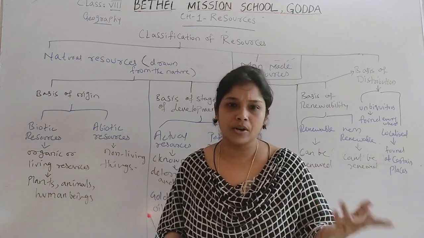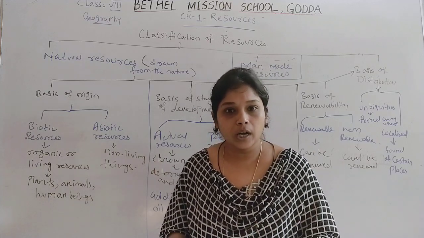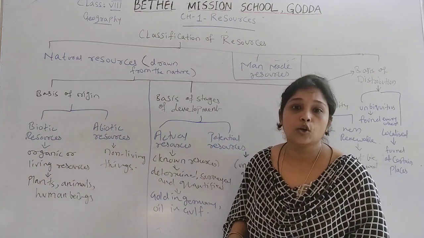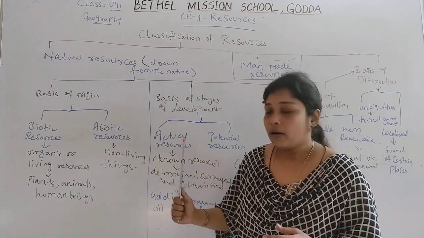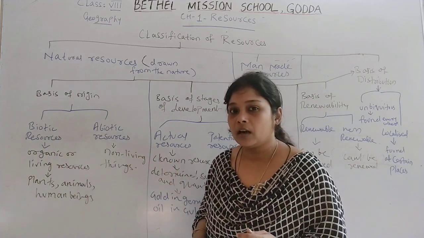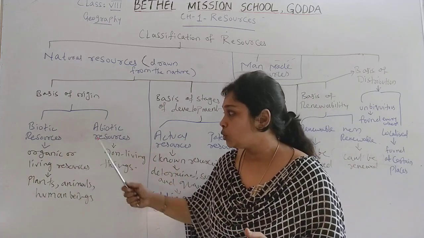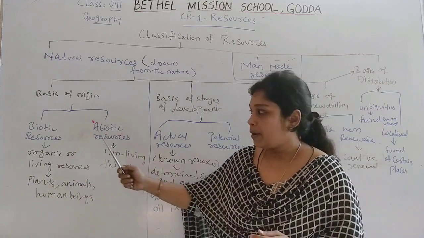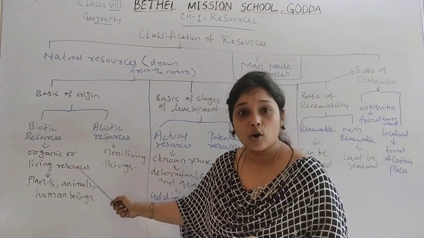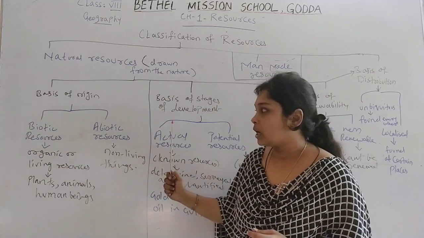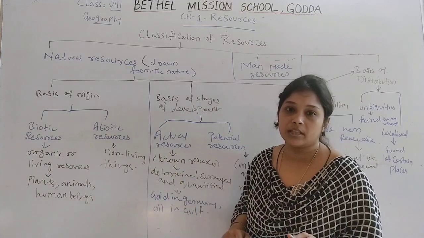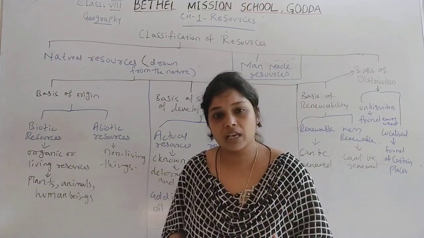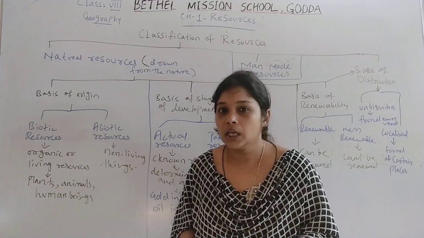All these things like minerals, oils, all these things come under abiotic resources because they are non-living things. So on the basis of origin we can classify natural resources into two types, that is biotic resources and abiotic resources. Biotic resources means organic or living resources, and abiotic resources means non-living things around us which have a capacity to satisfy human needs.